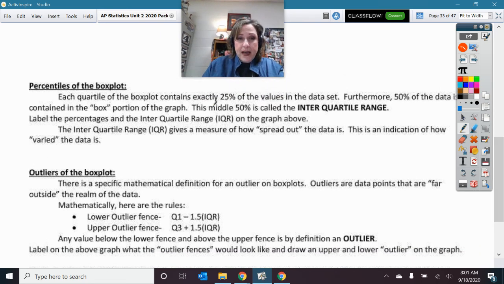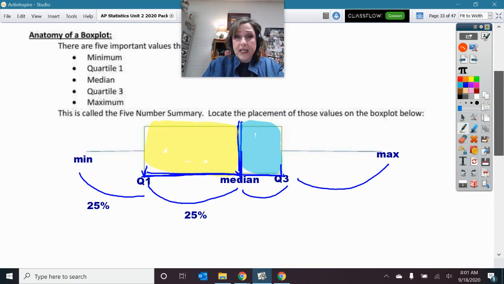All right. So again, we talked about how each of the boxes or the whiskers contain 25% of that data set, but we also need to talk about this thing called the interquartile range. The interquartile range is a standard label that you would use to represent how varied this data is, and that is because we would say the middle 50%.